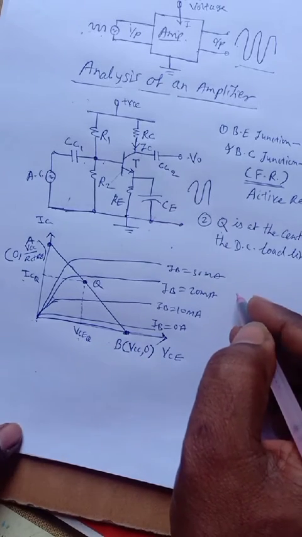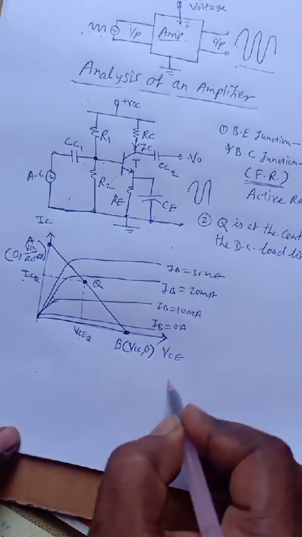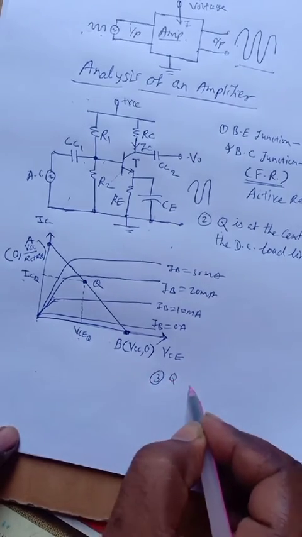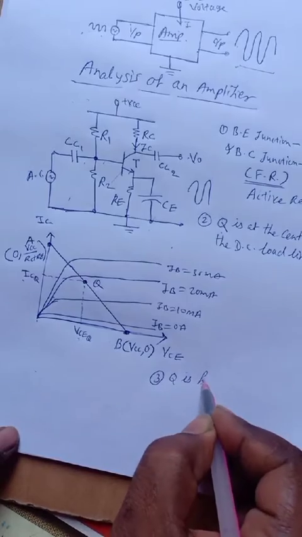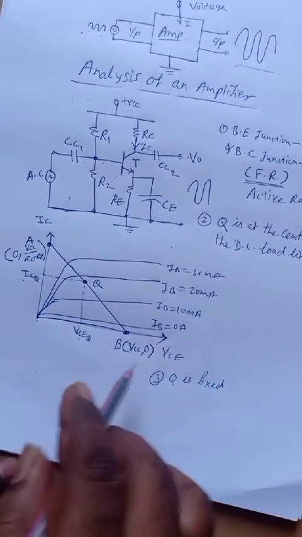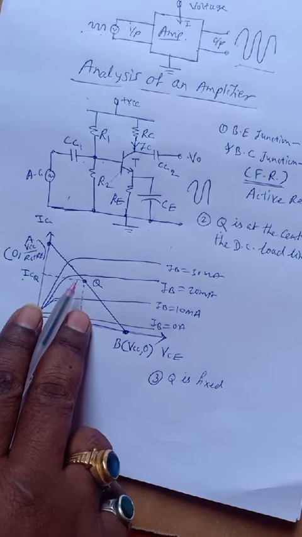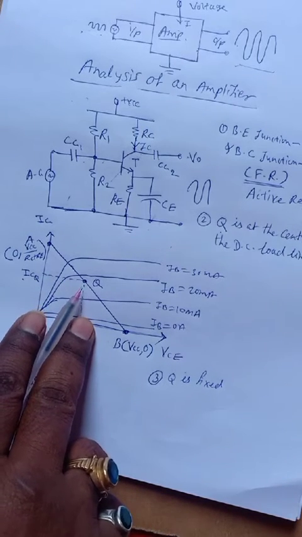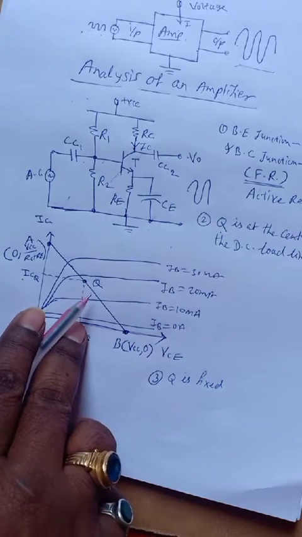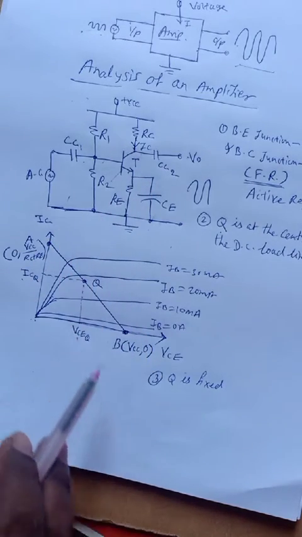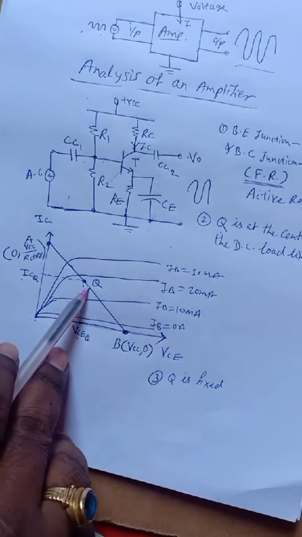Okay, and the third requirement is that this Q point is fixed. Q point is fixed means what? There is no shift in the Q point with a change in temperature. As the transistor's temperature changes, there should be no shift in the Q point.